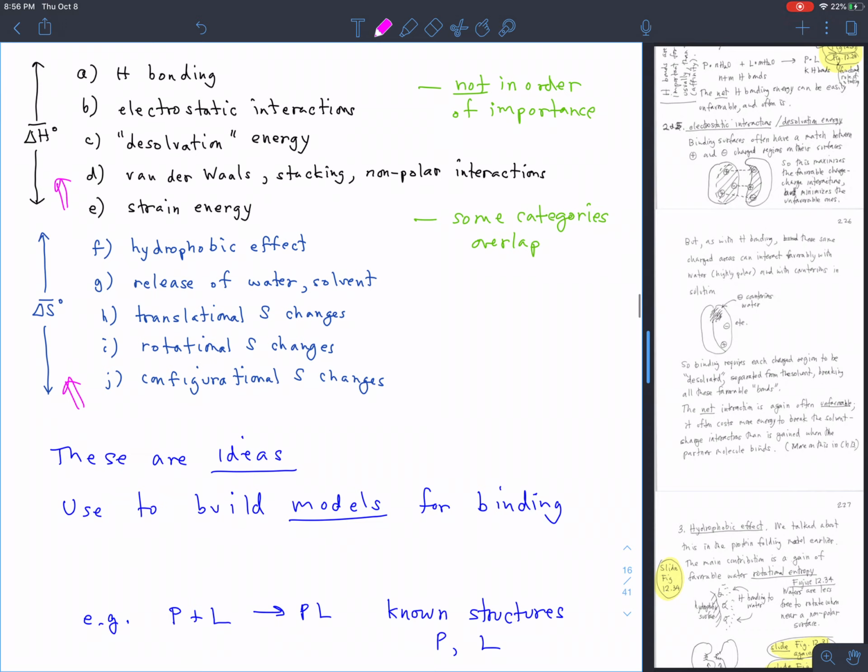We'll talk about each one of these in some detail down below, but all these contributions together can be used to build very rough ideas about what might be causing binding or what prevents two molecules from binding, for example, and also what makes binding specific, why two proteins bind to each other but not to anything else.